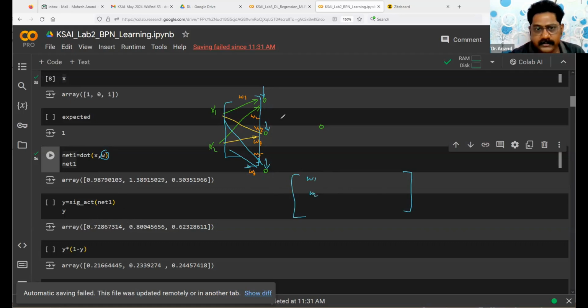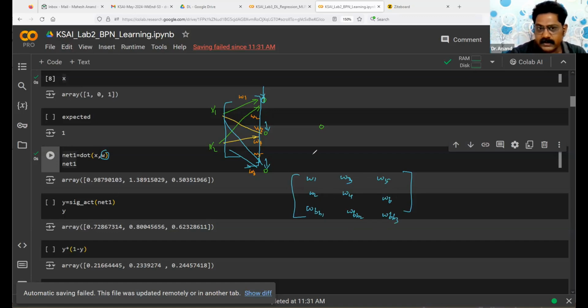W1, W2, and the bias, which we call the bias at hidden neuron 1, so let me call it BH1. Similarly, the second column indicates W3, W4, and the bias at H2. Then W5, W6, and the bias at hidden 3. So that is the meaning of this matrix with respect to the architecture.